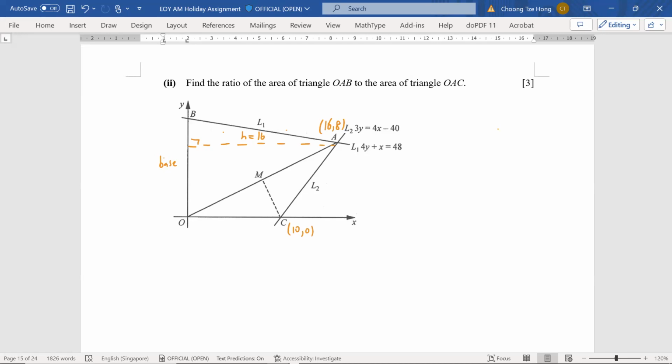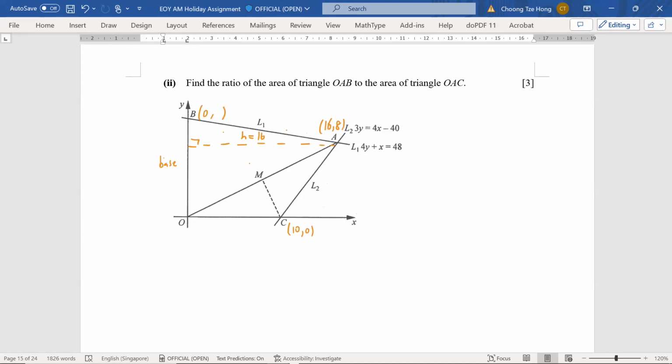If we can find the base length, then we just use half times base times height and we can get the answer. If we can find the coordinates of B, then we know the base length. The coordinates of B are quite easy to find because B is on the y-axis, so we know the x coordinate is 0.